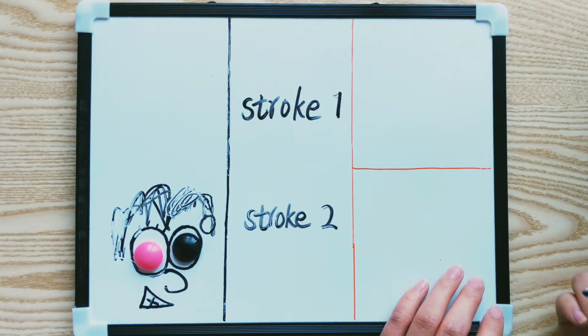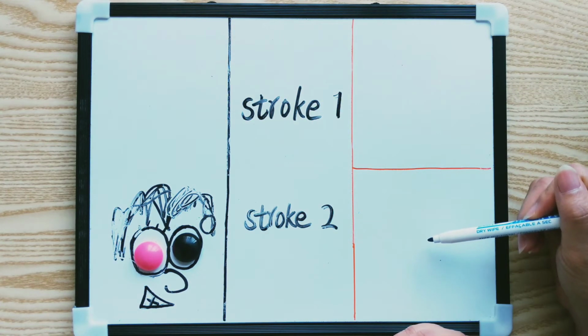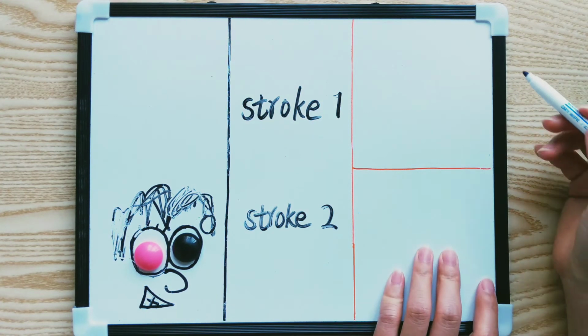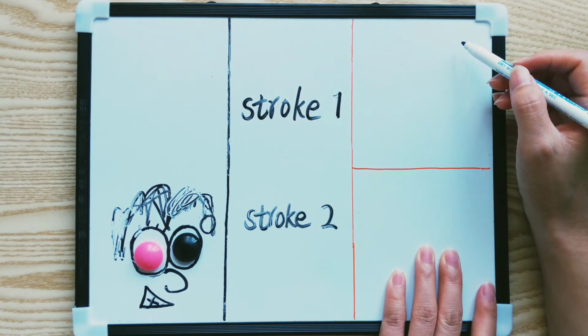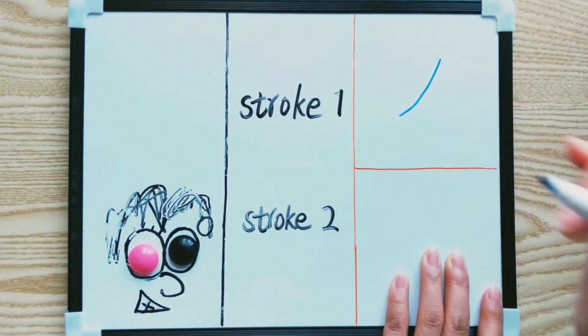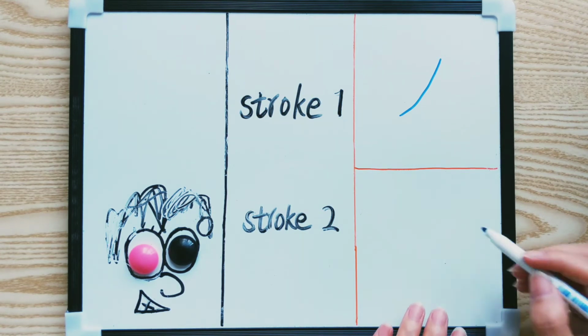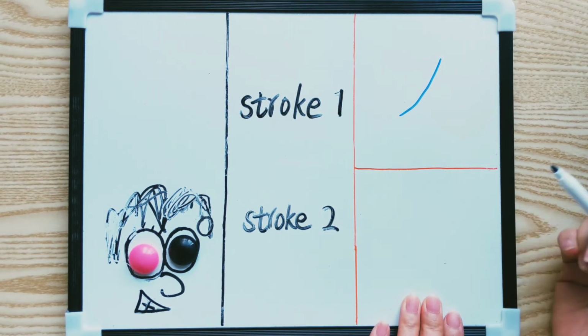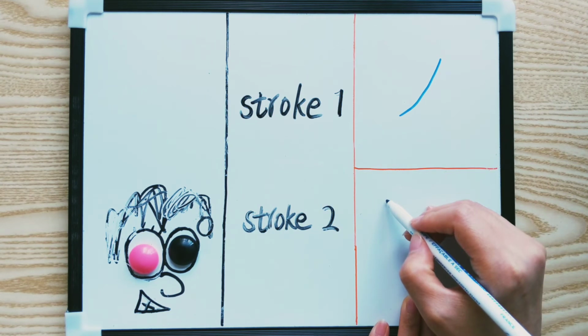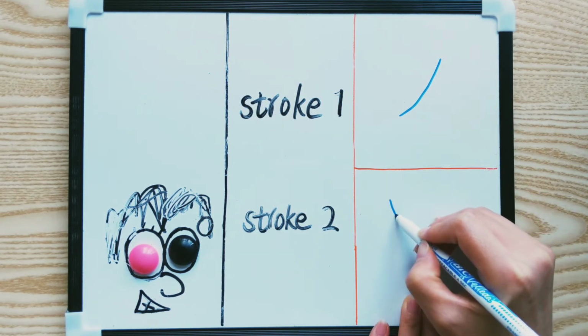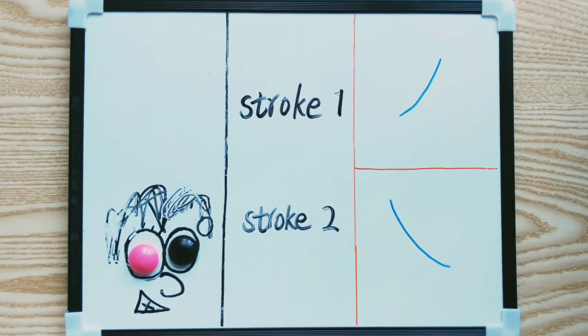Okay, so if you treat each of these as a square, you start from top right, finish at bottom. Okay, let's do this one. Again, it's about 45 degrees, top left to bottom right. Okay, just like that.